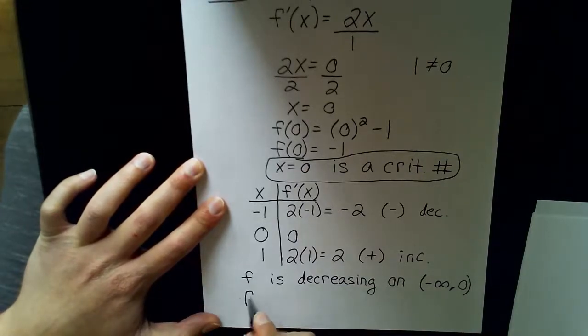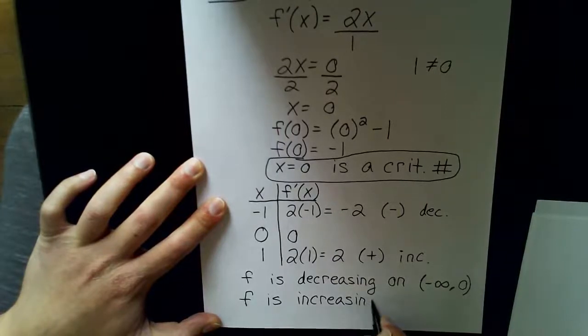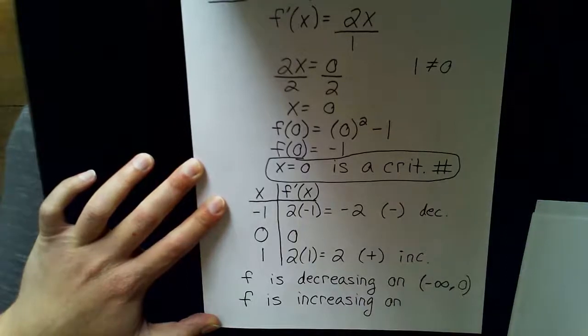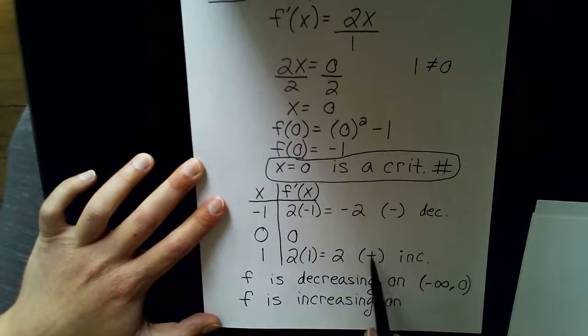And now we also say f is increasing on the interval, and in this case we want to pick every number to the right of x equals 0 because we said that's when the derivative will be positive.